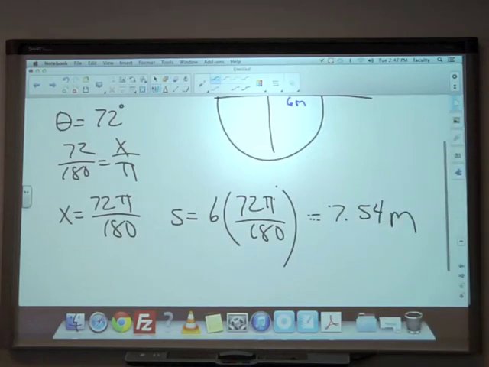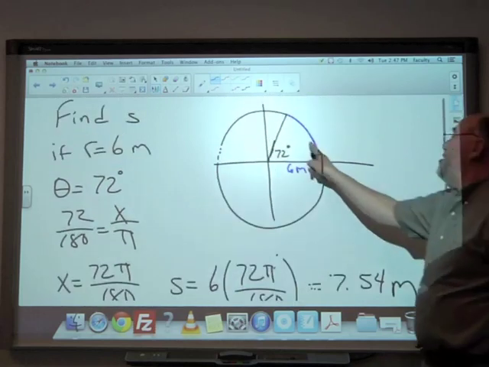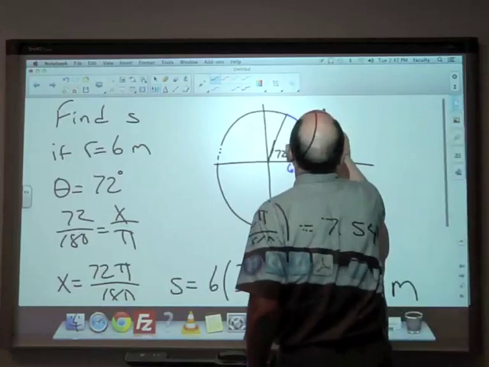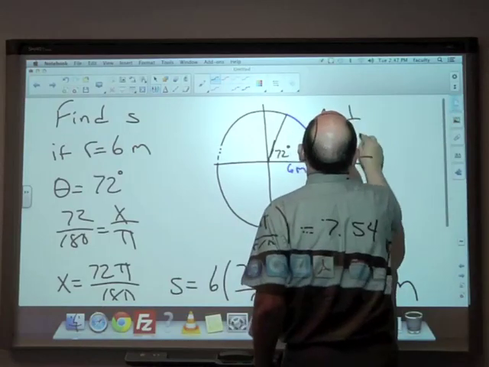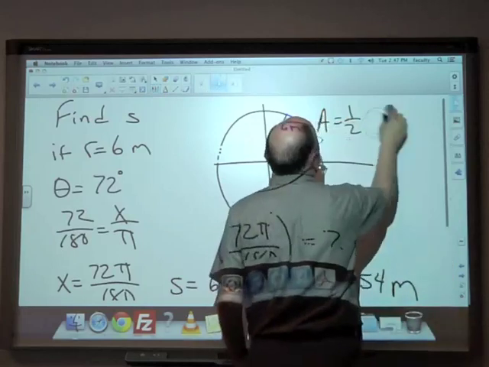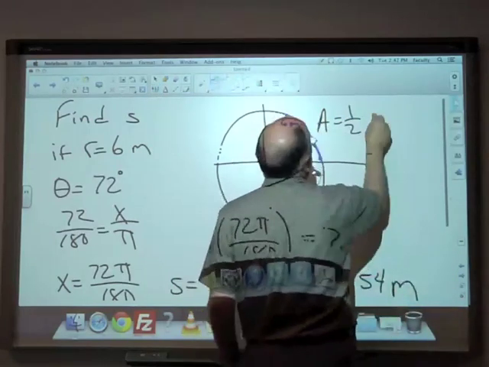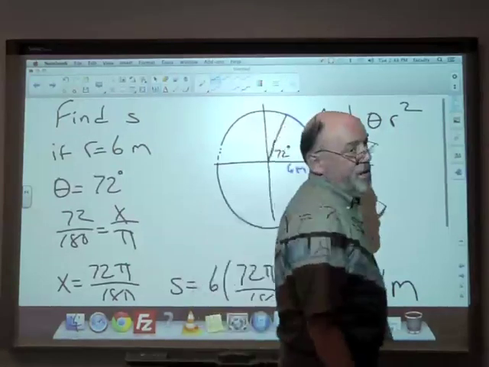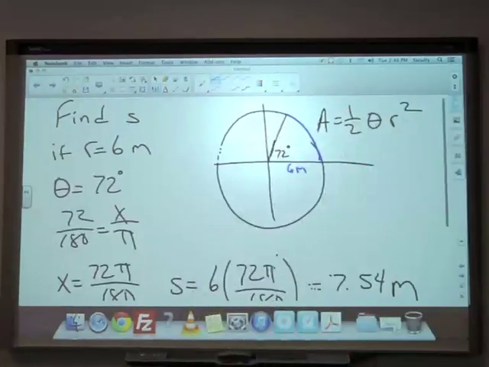So now the next question is, what is the area? How big is this area? Well, the area is given by 1/2 theta r squared. And again, theta must be in radians.